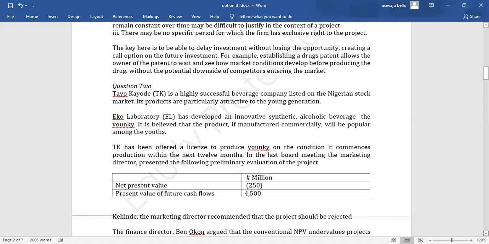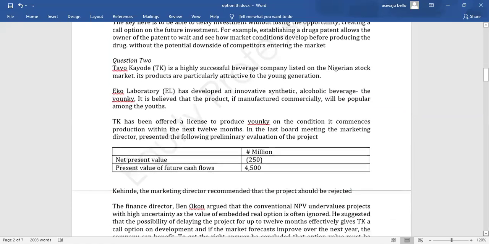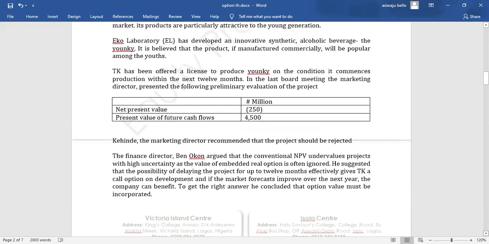Next. Kehinde, the marketing director, recommended that the project should be rejected. Next paragraph.